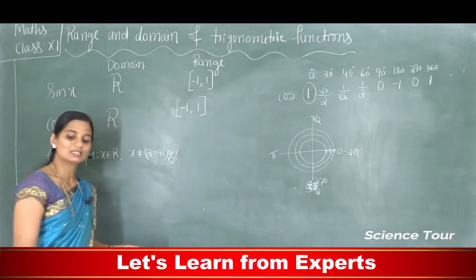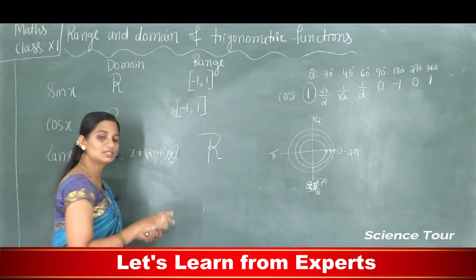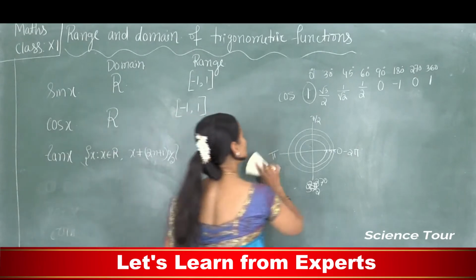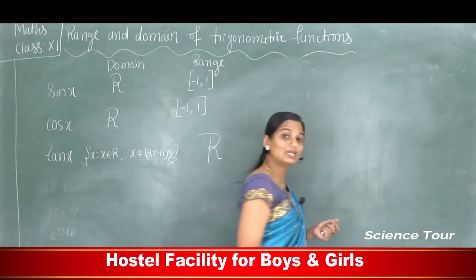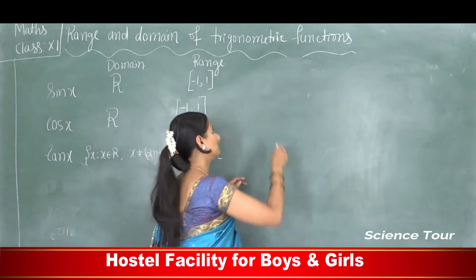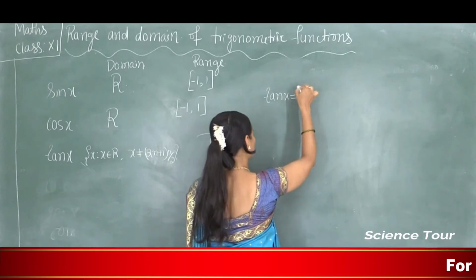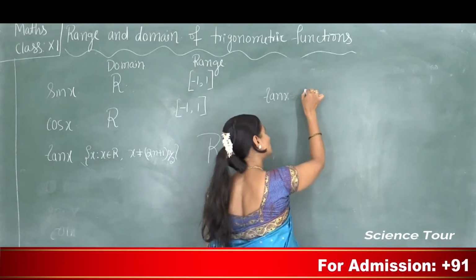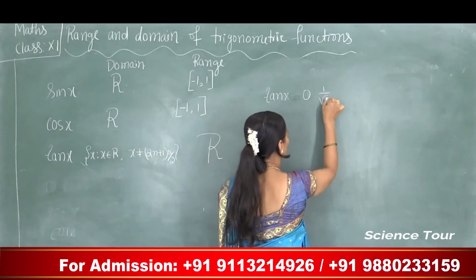Range is the set of all real numbers. How is it the set of all real numbers? From the trigonometric table, you can observe here. Tan x, what are the values? 0. Next tan 30 is 1 by root 3.